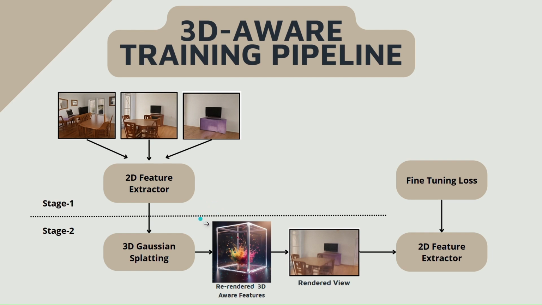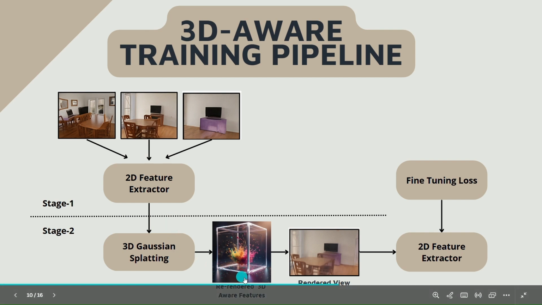The output here is a per-pixel embedding for each view. This is the input to our stage 1 process, where we employ 3D Gaussian splatting. In this step, we optimize the positions, opacities, and feature embeddings of a sparse set of 3D Gaussians, so that when these Gaussians are rendered into any camera view, the resulting 2D projection maintains semantic and geometric consistency.